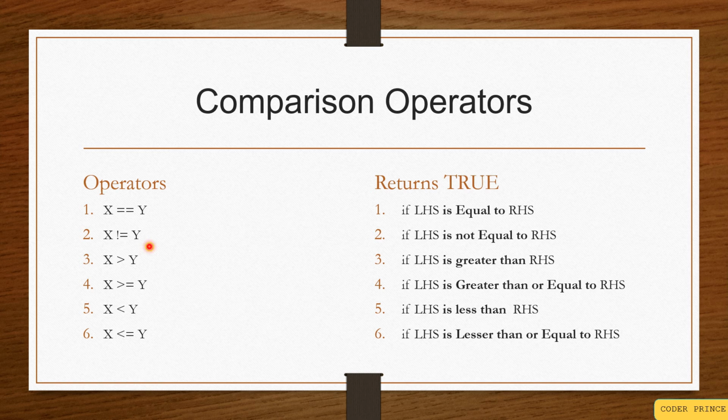Not equal to checks for the inequality of the operands, and x greater than y checks whether x is greater than y. x less than or less than equal to checks whether the LHS is less than or equal to the RHS.